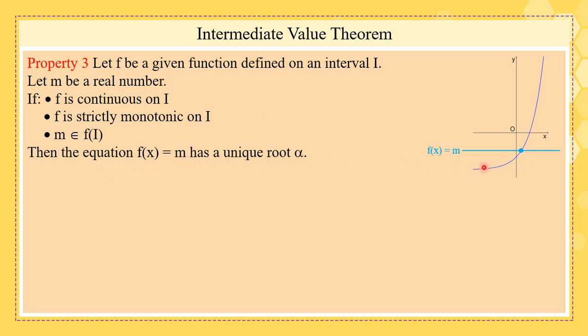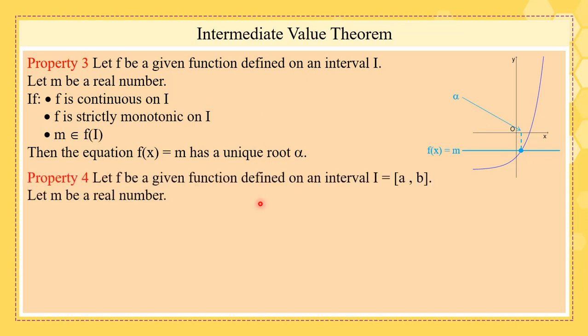You see here? So this is an increasing function, and f of x equals m in this case has a unique root because m in fact belongs to the range. Now this would be alpha. Remember, alpha plays the role of x.